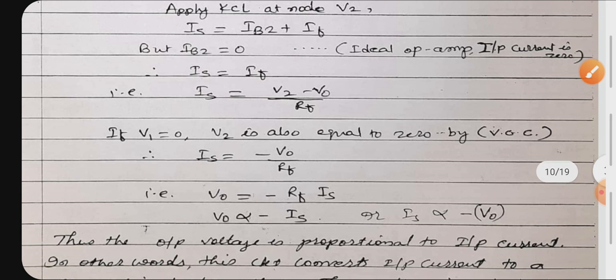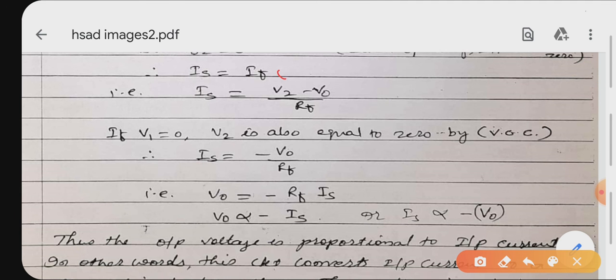So IS becomes equal to IF, and you can convert this into voltage form. Keep IS as it is. IF is the current flowing from V2 to VO through RF, and then apply the virtual ground concept. If V1 is equal to 0, V2 is also equal to 0. Therefore you will get IS equal to minus VO by RF, so VO is equal to minus RF into IS.